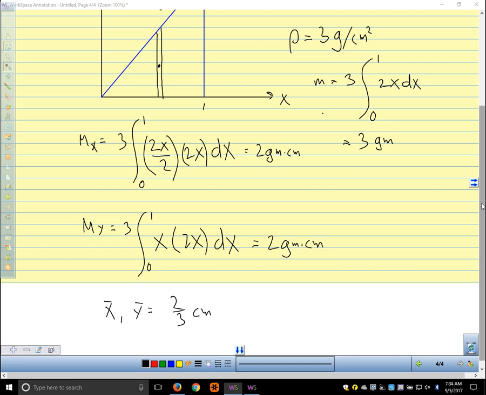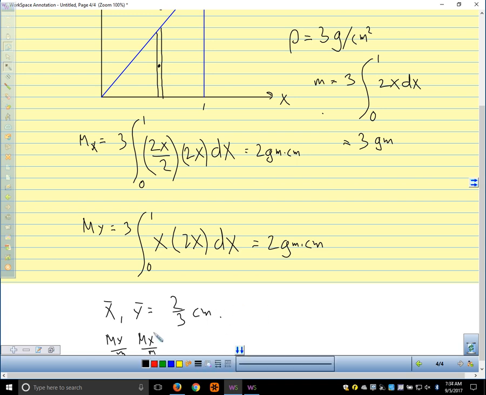How'd you get 2/3? Of m sub x divided by m, okay, m sub y divided by m. Or sorry, this is m sub y divided by m, m sub x divided by m. Well, don't you have 2/3, comma 2/3? 2/3, yeah, I just said they're both.